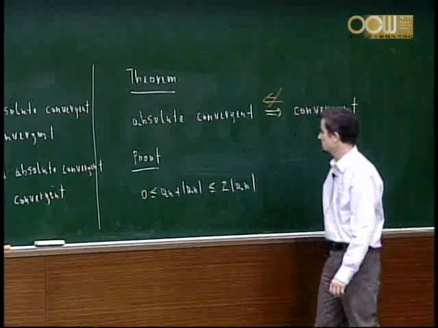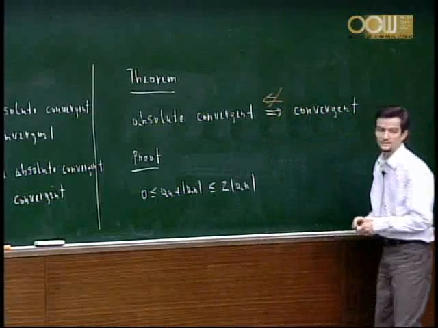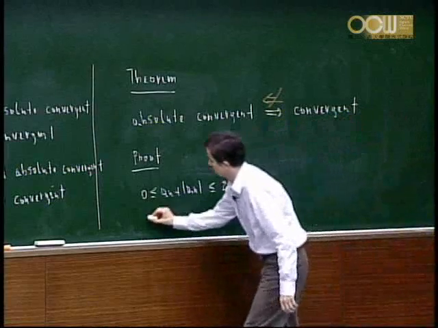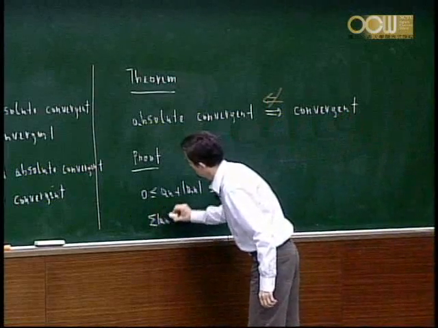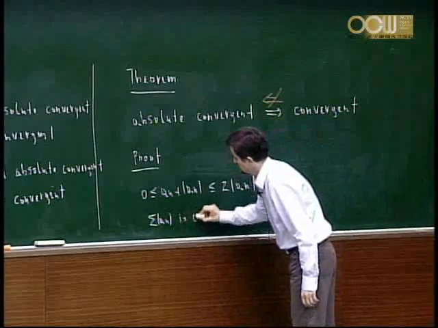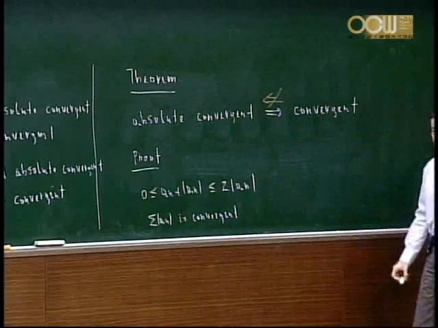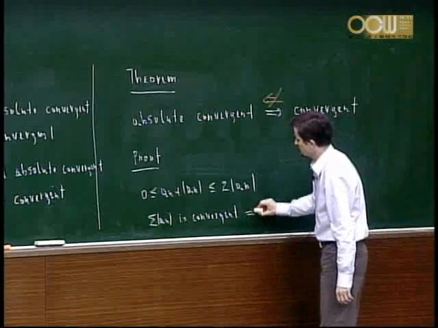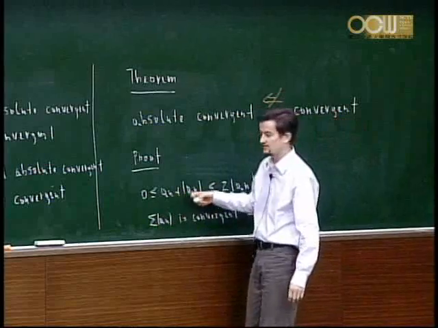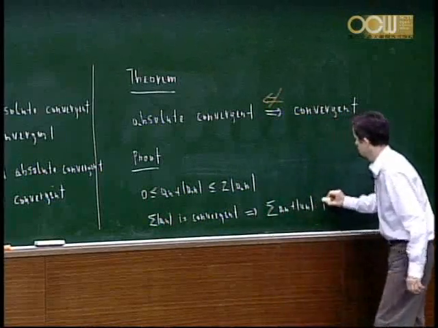Now you see, we have absolute convergence, and we want to prove convergence. Because of the assumption, we know that this here is convergent. This clearly implies that 2 times this series is also convergent. So by using this and the comparison test, this series is convergent.